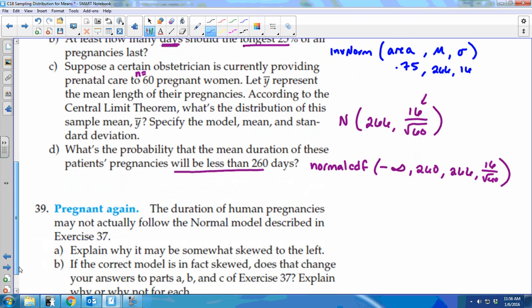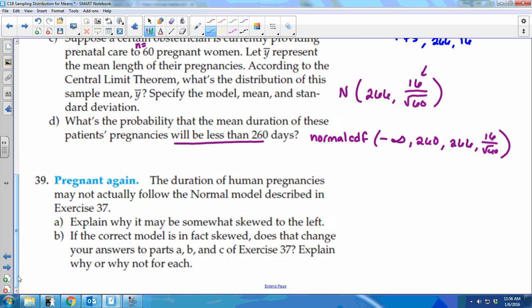All right, 39, still the same question. The duration of human pregnancies may not actually follow the normal model described in exercise 37. Explain why it may be somewhat skewed to the left. Why would it be skewed to the left instead of unimodal and symmetric?